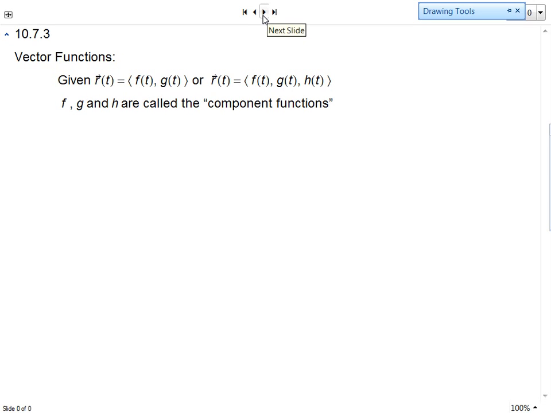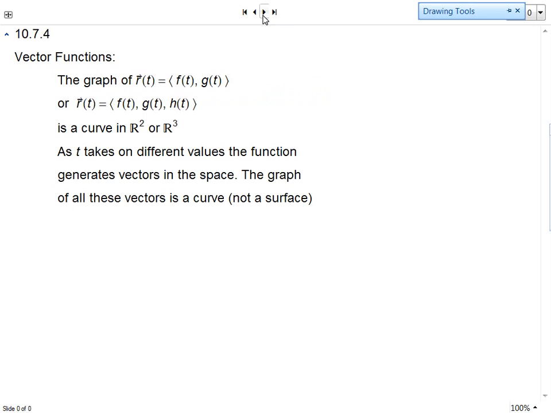Given a vector function, the f, g, and h are called the component functions. Does that make sense? They're the components, but they're functions, so we call them component functions. The graph of a vector valued function is a curve in either two-dimensional or three-dimensional space. A curve could be a straight line. I'm considering a straight line to be a curve with no curve.